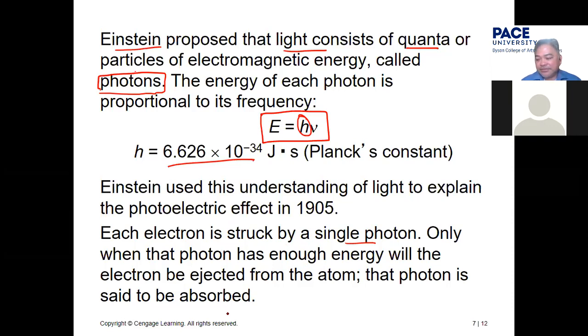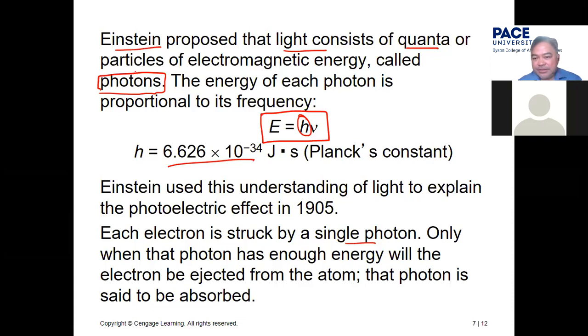He was right because he was given the Nobel Prize. Although Albert Einstein is more known for his theory of relativity, he got the Nobel Prize for this explanation of the photoelectric effect.